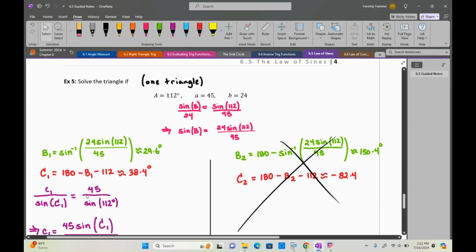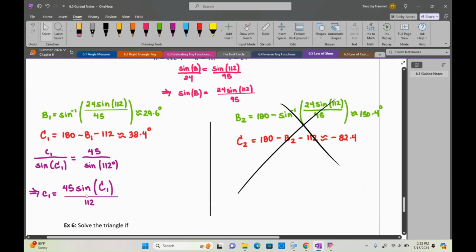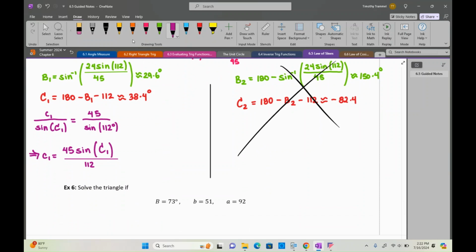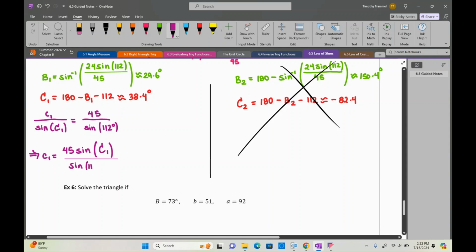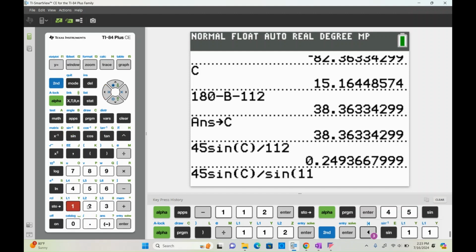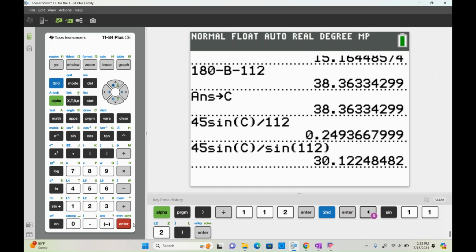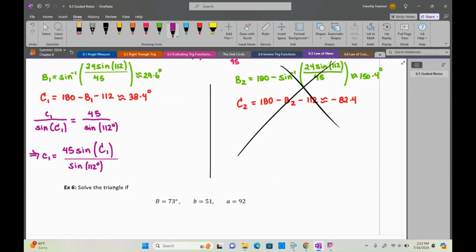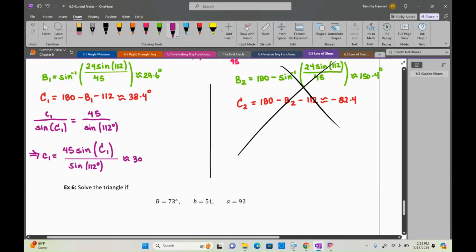So yeah, we have 45 over sine of 112, and then little c1 over sine of c. Oh, obvious mistake. Down here, this should be sine of 112. There we go. Okay. So let's come back over here and we'll just retype this in, but with a sine of 112. There we go. That's a much more reasonable answer. So 30.1 is what we'll record here.